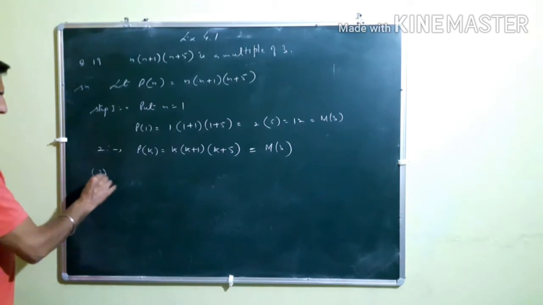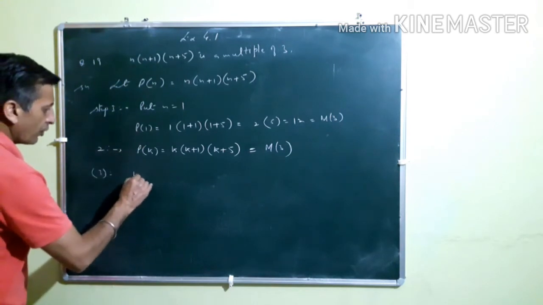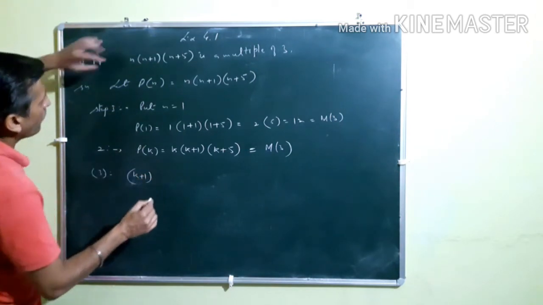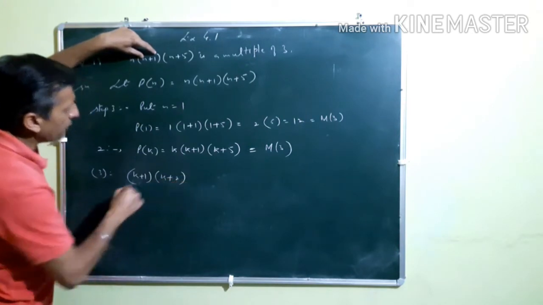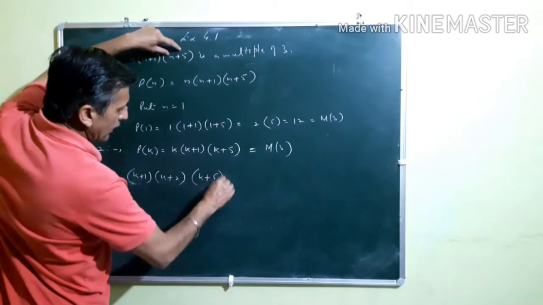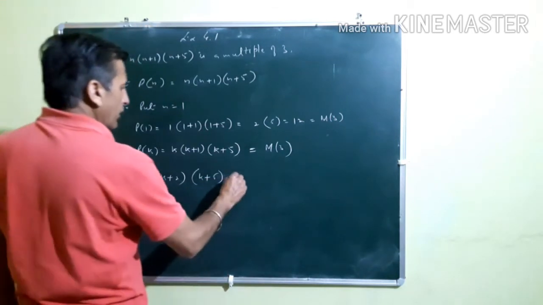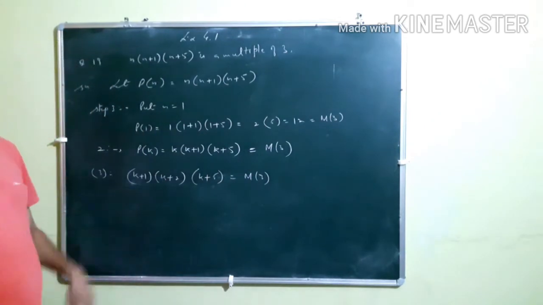Now in step number 3, we have to prove that this result is true for k plus 1. That means I'm going to replace k with k plus 1. This is k plus 2, and this will be k plus 6. And that should be a multiple of 3. So this result we have to prove.